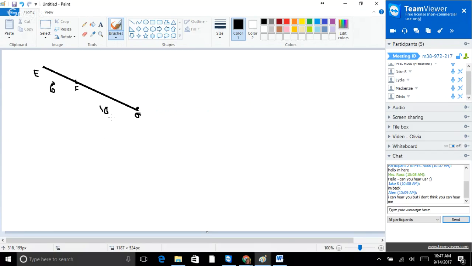Basically, there's a postulate, and we'll talk about what that means, called the segment addition postulate. If you have one segment plus another segment, that equals the total segment length. There's a couple of problems that you'll do that are going to be super easy.